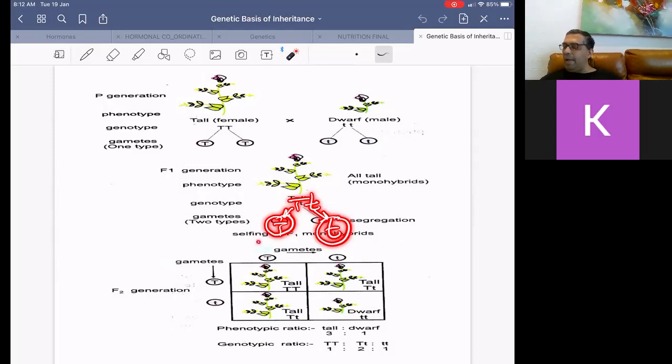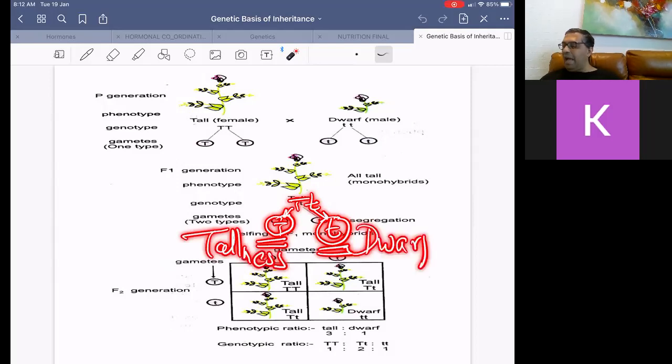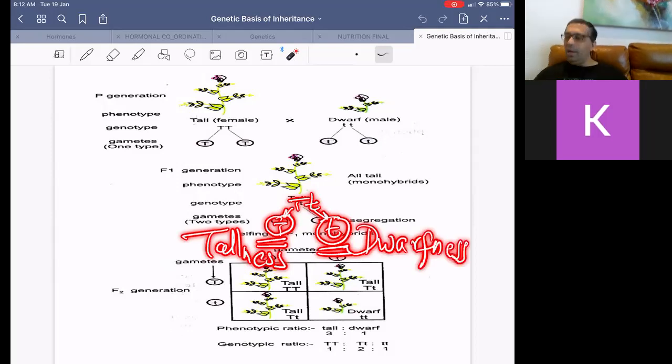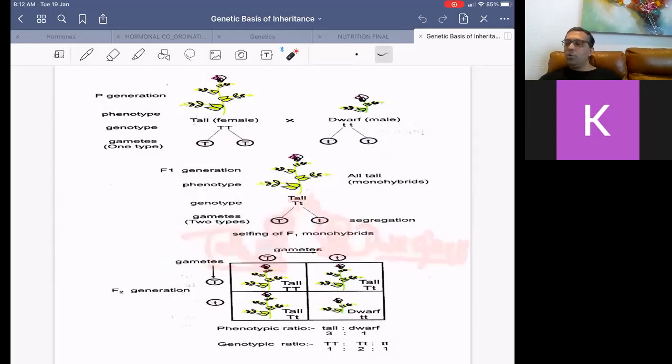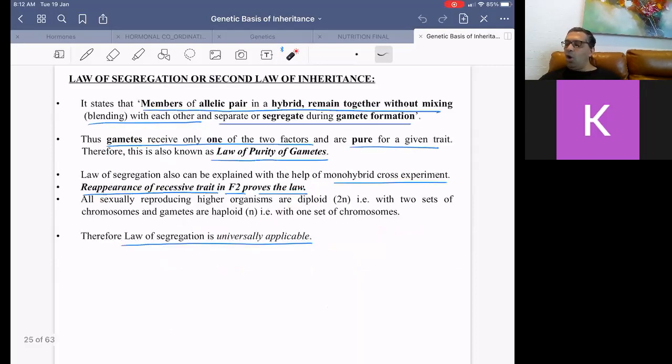And each gamete is always pure either for tallness or for dwarfness. Gamete तो haploid होता है, और gamete जो capital T है is purely for tallness, जो small t है is purely for dwarfness. So this is called as law of segregation or law of purity of gametes.